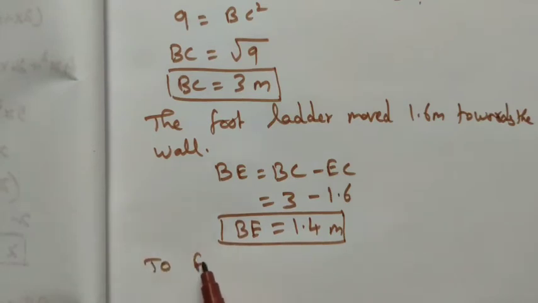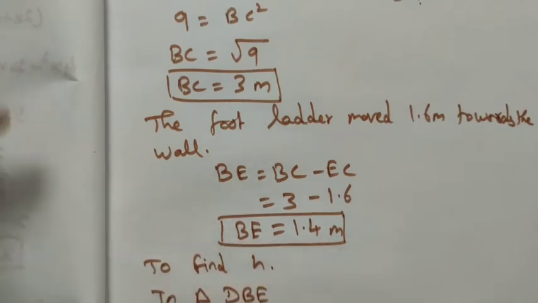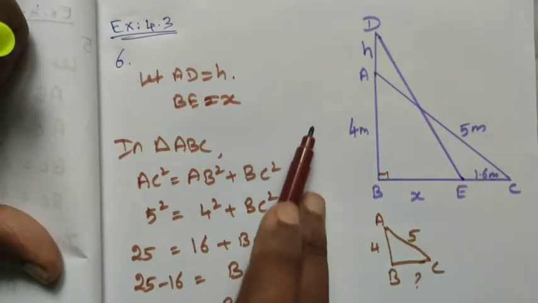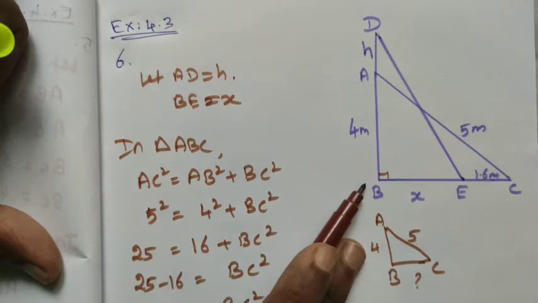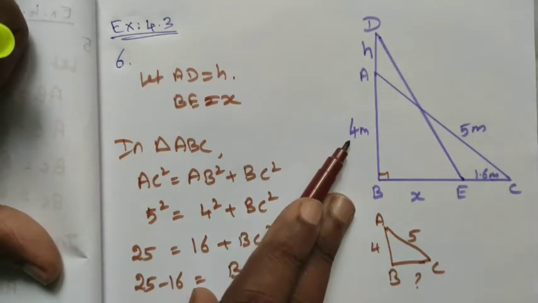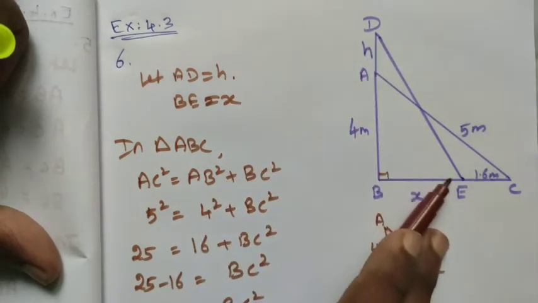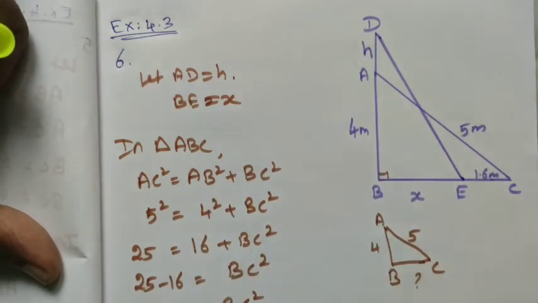Now to find H in triangle DBE, see this is the triangle DBE. D to B is H plus 4, right? And then BE is X and DE is the same ladder, 5 meter.